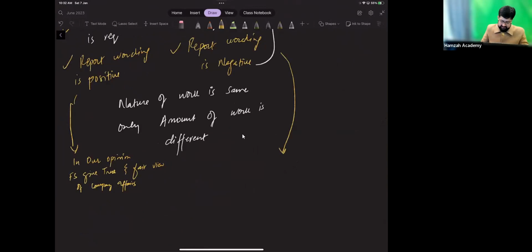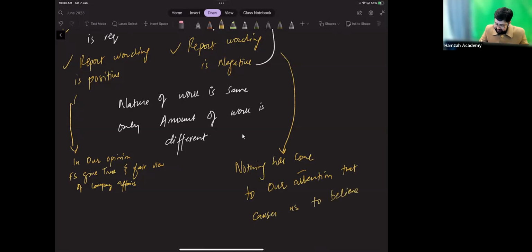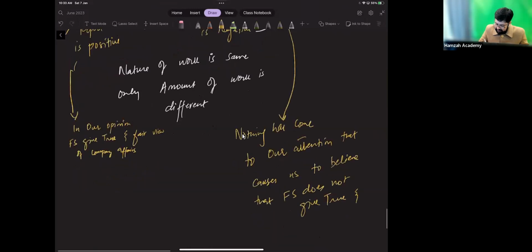And here, in this case, they say nothing has come to our attention, you see, it's starting with a negative word, that causes us to believe that the financial statements do not give a true and fair view of company affairs.